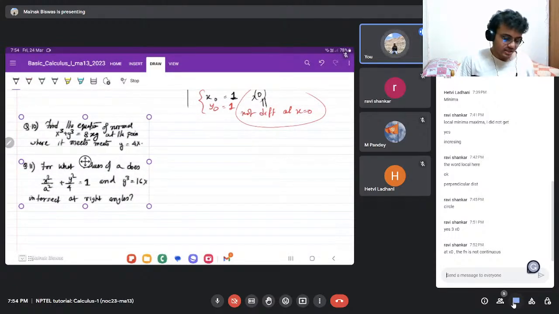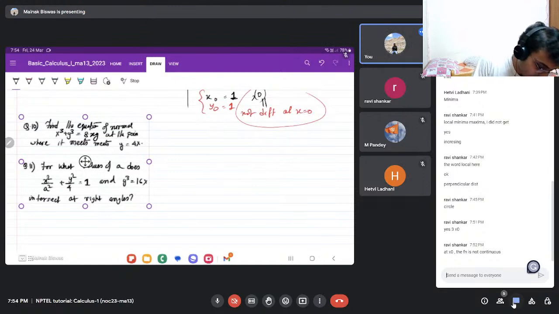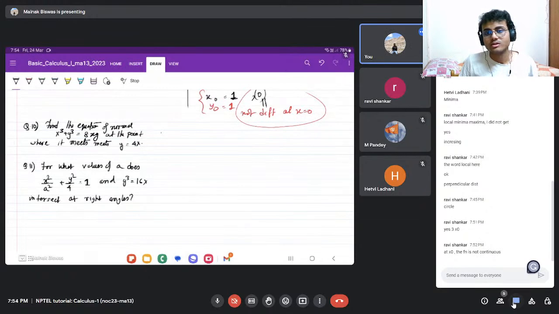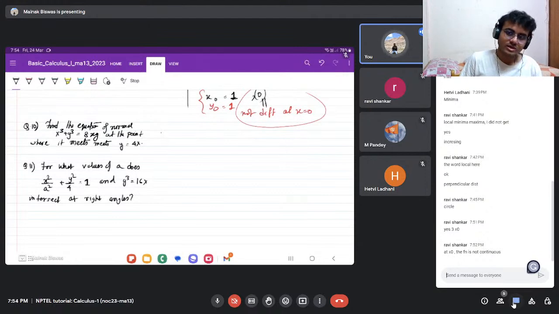So find the equation of normal at the point where it meets y equal to 4x. It's not continuous at x equal to 0, but at x equal to 1 comma 1 it is continuous. That's what I meant.